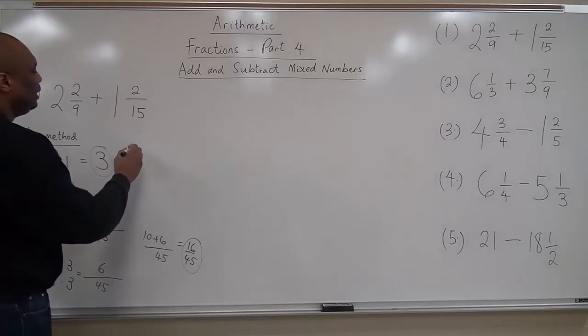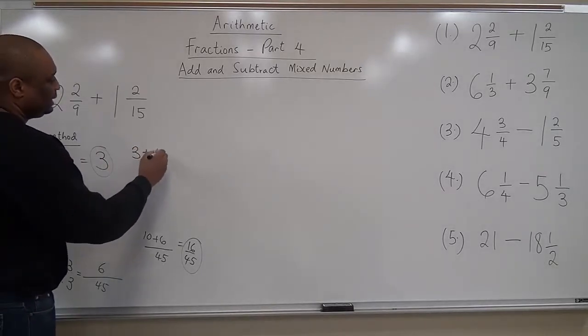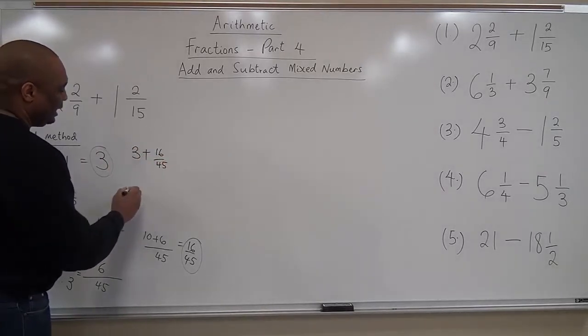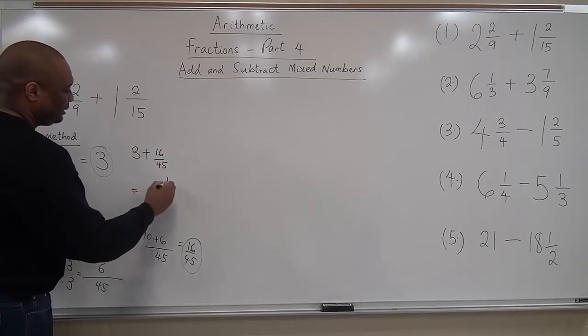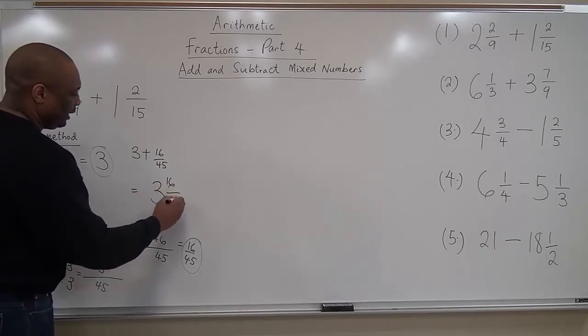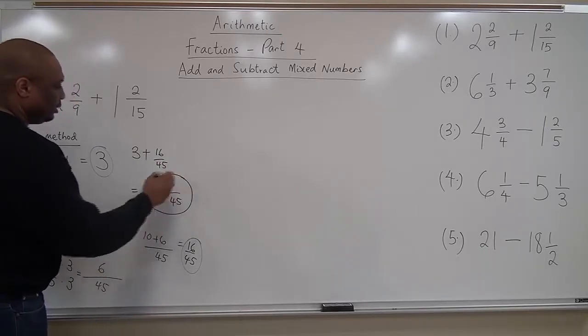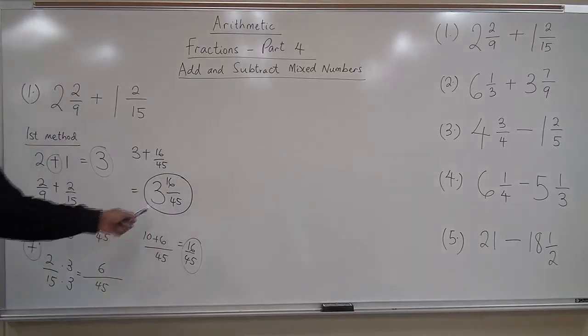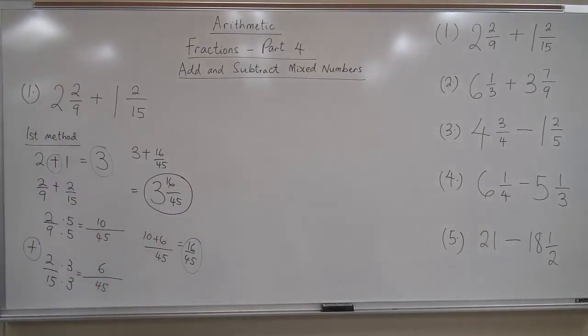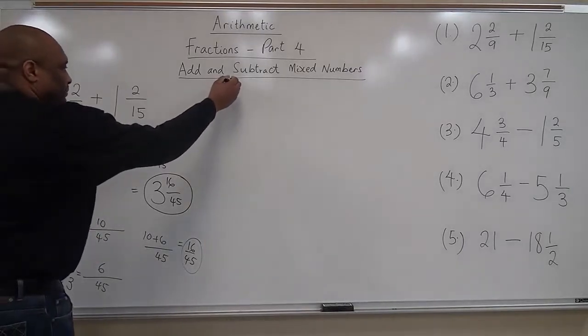That's all I need to do. 3 plus 16 over 45 gives me 3 whole number 16 over 45. And this becomes our answer, 3 whole number 16 over 45. Okay, that is the first method.